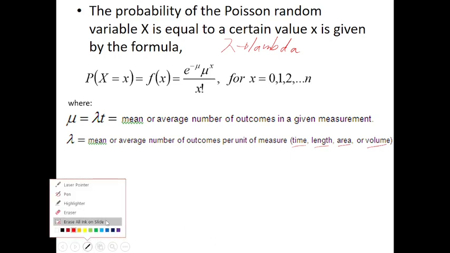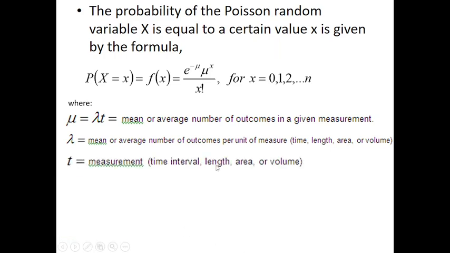And then t is the measurement. So it can be a time interval, length, area, or volume.